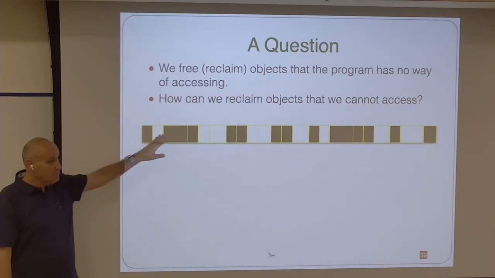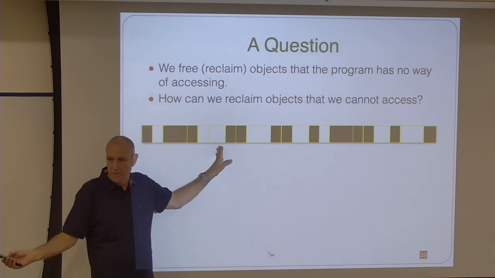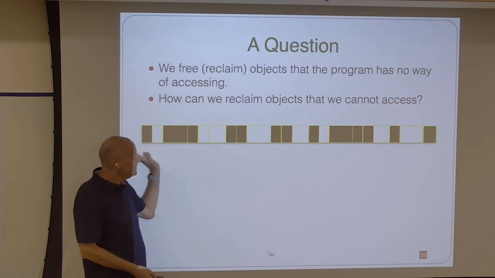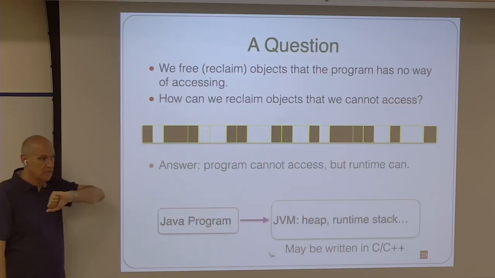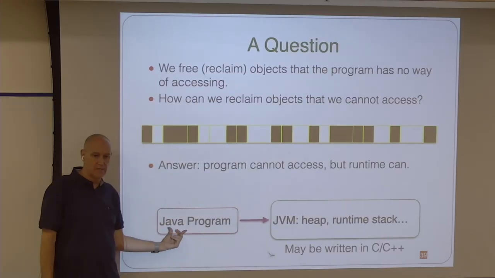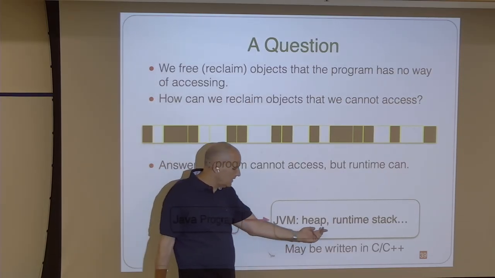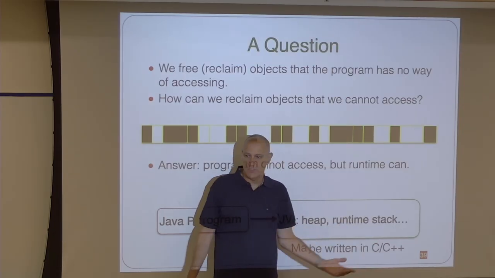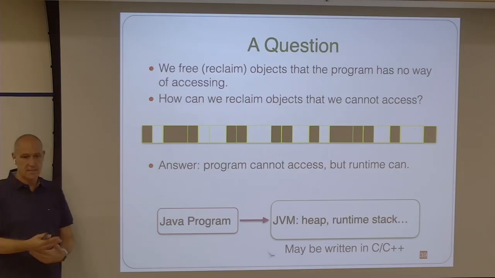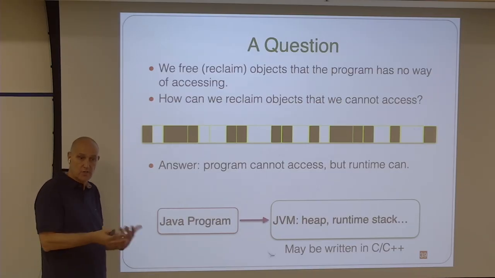The program cannot touch these spaces. It has no way to get to them. But the memory manager can touch anywhere it wants on the heap. It can do whatever it wants. So the program may be written in Java, and the runtime, the memory manager, everything that handles the program and runs it, is going to be written maybe in C, in Rust, in any language you like.